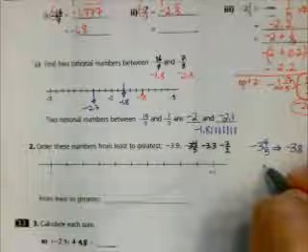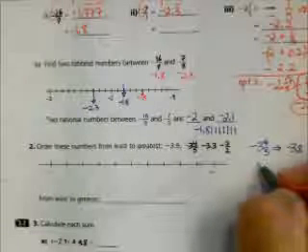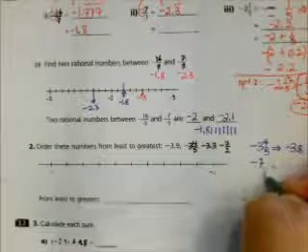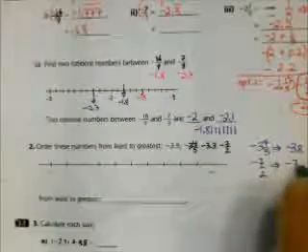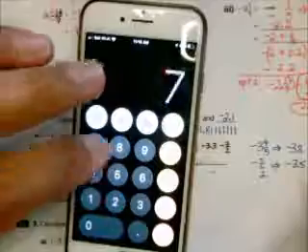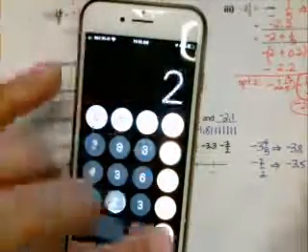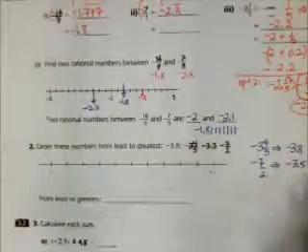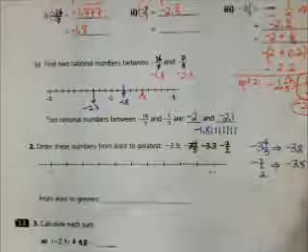And then the negative 7 halves is going to be a negative 3.5, right? So 7 divided by 2 is 3.5, and of course it's negative.